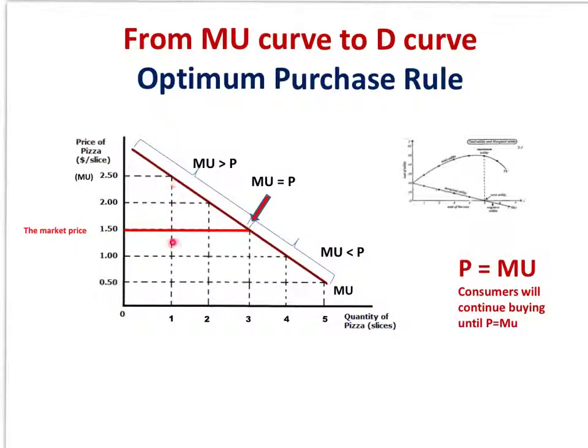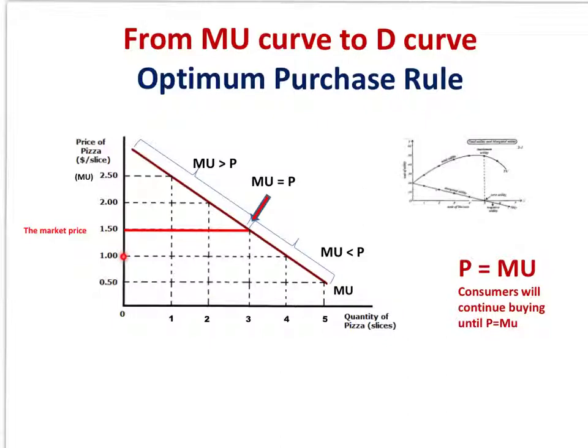So I buy the first slice of pizza, I consume it, and I get so much satisfaction from it that I value it at $2.5. I have paid just $1.5 for it, so I got much more satisfaction than I paid for and I feel very happy. I go and I buy the second one.